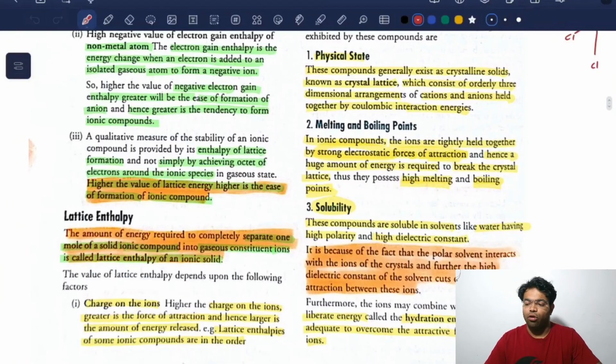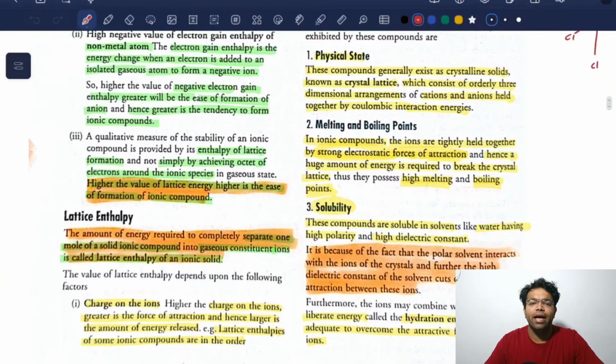Then solubility. We know that ionic solids, ionic crystals, have a polarity. What does that polarity mean? Every single unit has a positive charge and a negative charge, that is a cation as well as an anion, and so we call them polar compounds. Similarly, certain solvents are also polar in nature.